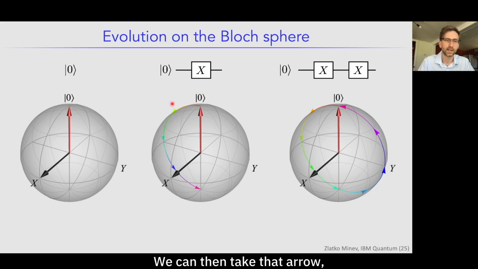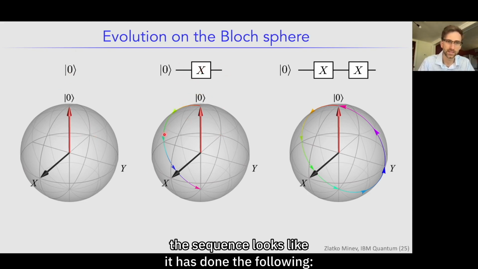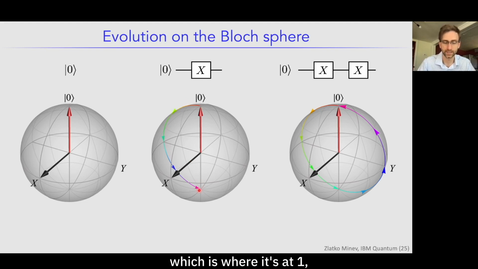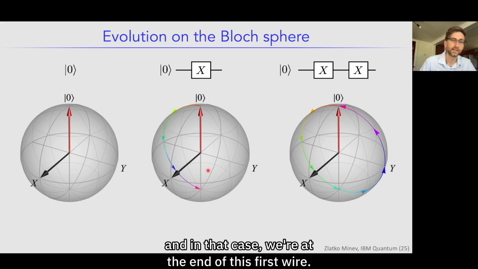We can then take that arrow, and after one application of the X gate, essentially in time, the sequence looks like it has done the following. The state starts at 0 and then rotates all the way down to the south pole, which is where it's at 1. And in that case, we're at the end of this first wire.